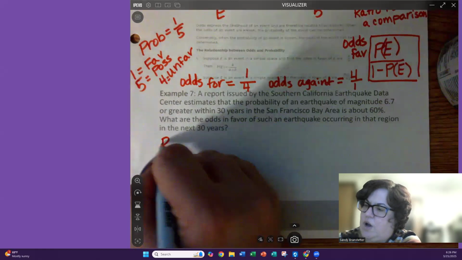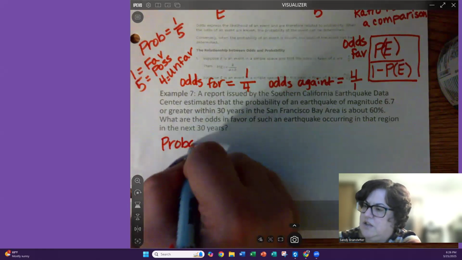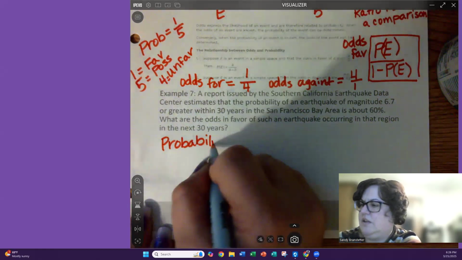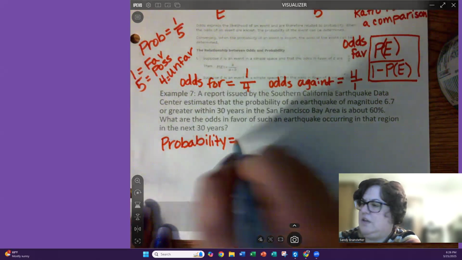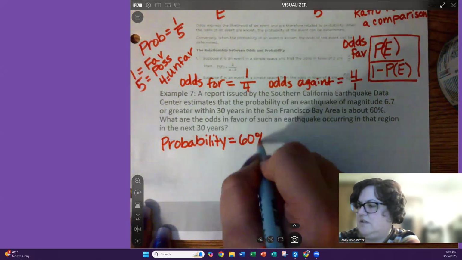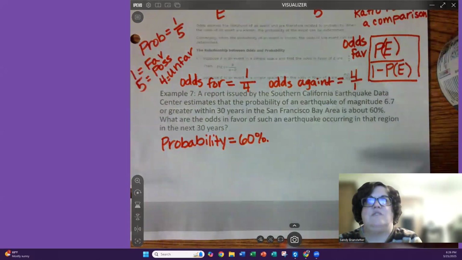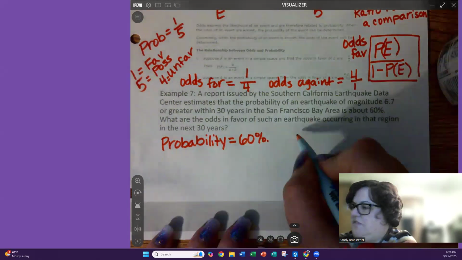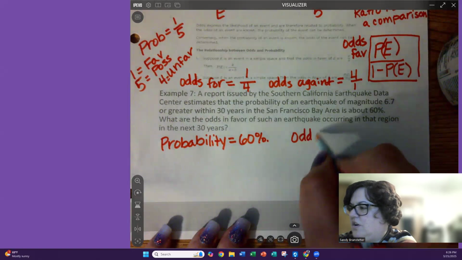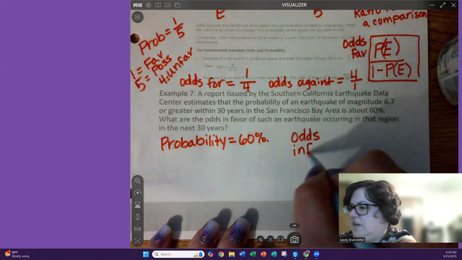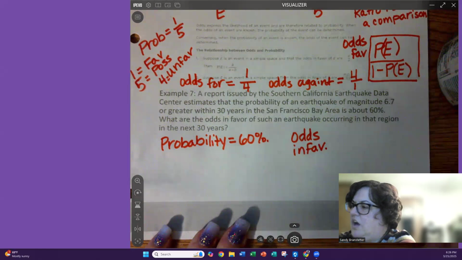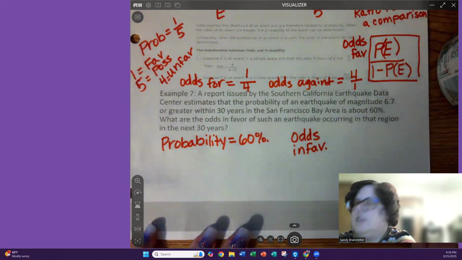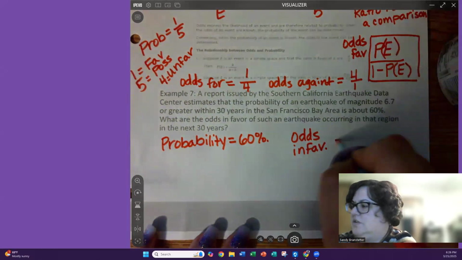So the probability is 60%. Then it asks, what are the odds in favor of an earthquake occurring in the next 30 years?